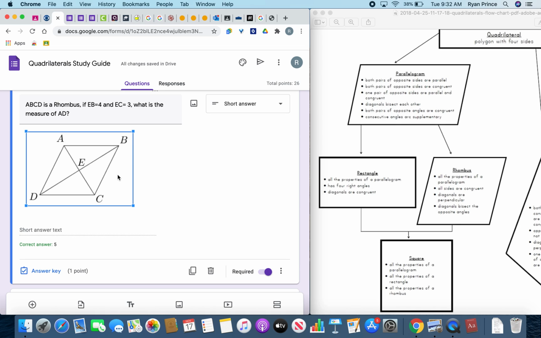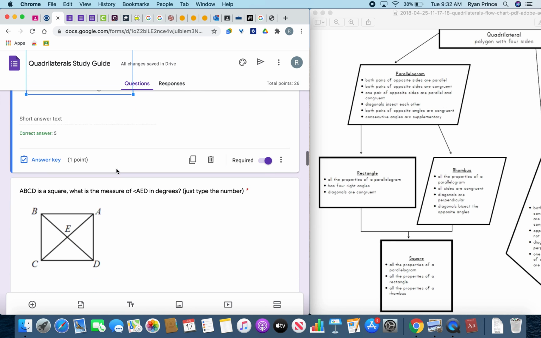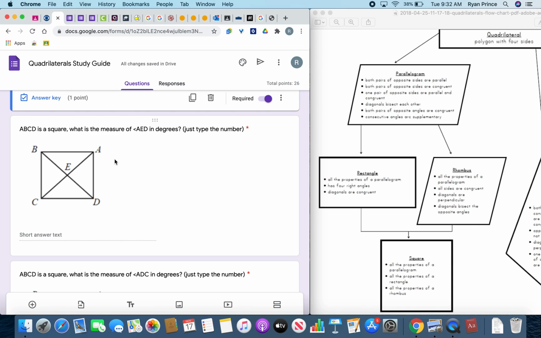But anyway, this side was 3, this side was 4, and use the Pythagorean theorem to find out that BC was 5 because it's a right triangle, and then use that 5 to find AD, which is also 5 because all the sides of a rhombus are congruent to each other. Sorry, I got myself a little shook up there by seeing that was wrong. Threw me off a little.